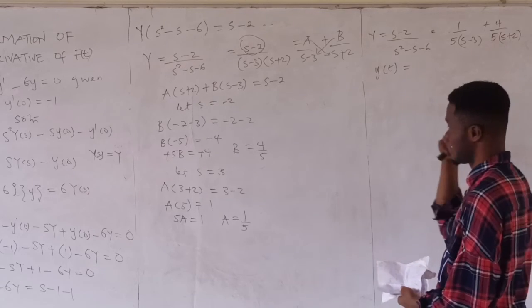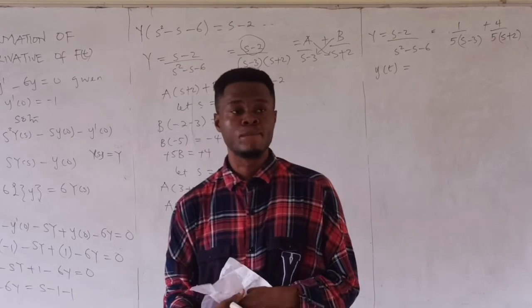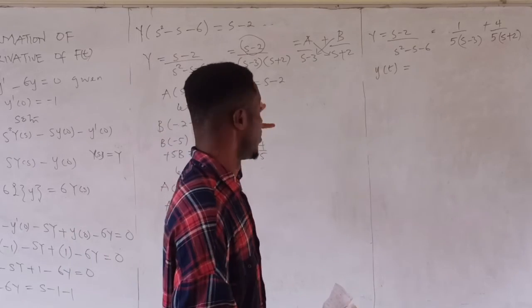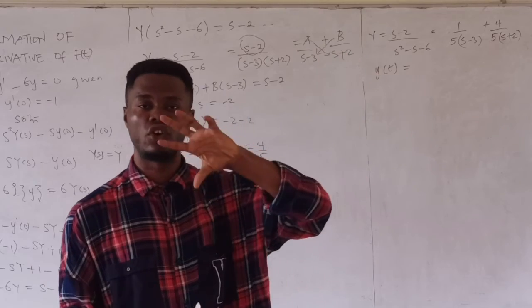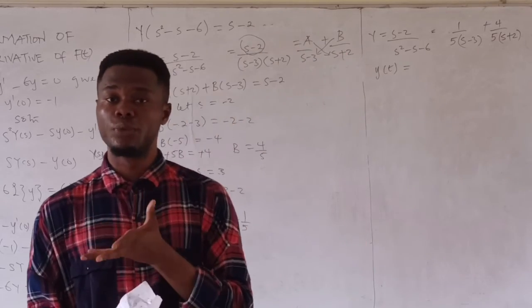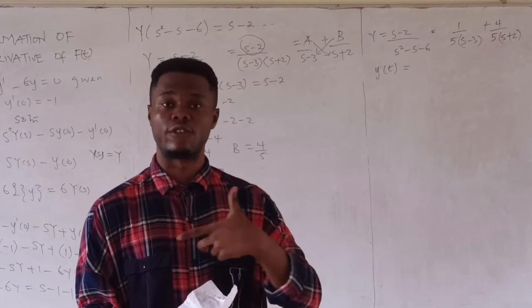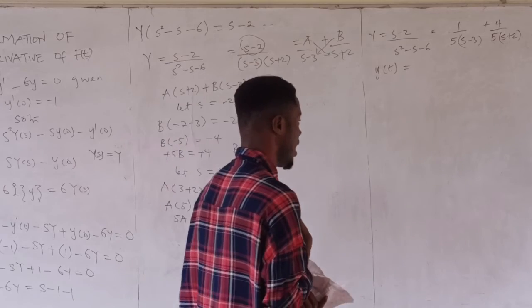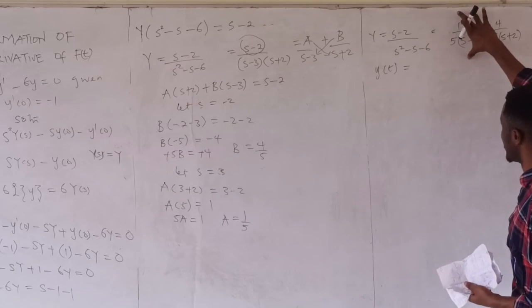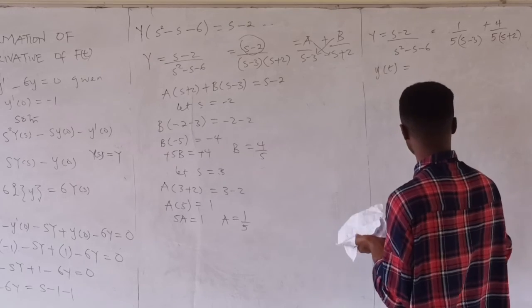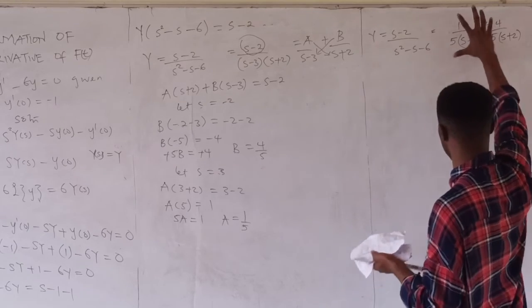If you can think back to how to find the inverse Laplace transform, when you are trying to solve the ordinary differential equation using the Laplace transform, what you end up doing is to use the inverse Laplace transform at the end of the answer. So having that in mind, let's find the inverse of this and this. Let's see what the answer gives us. Before I find y of t, let's find each of them.